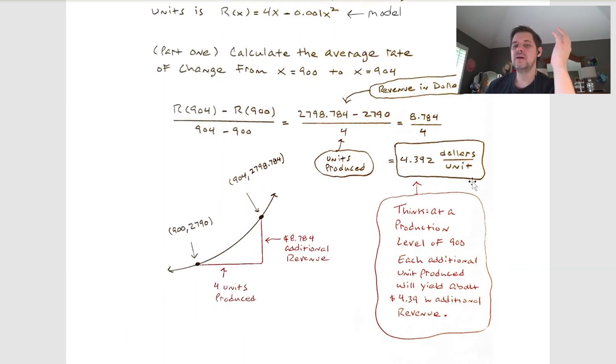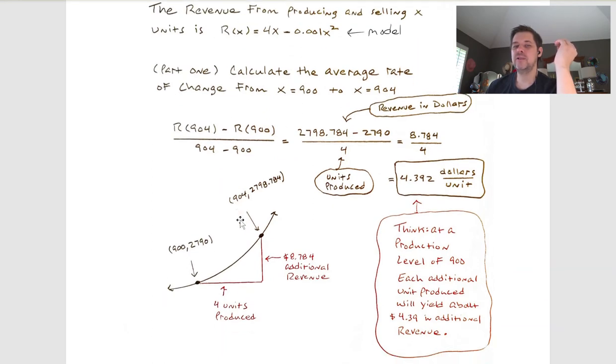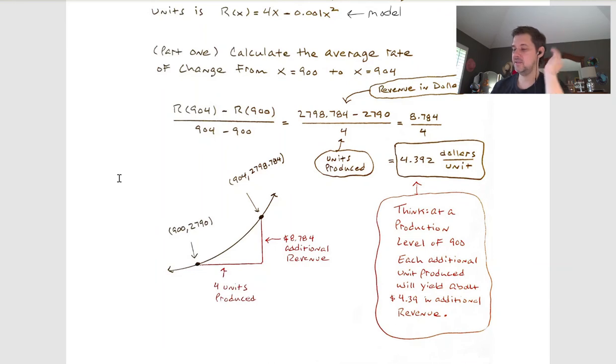Okay? And I want you to understand how this might interact with, say, a curve. If I said this curve right here is this revenue function, R of X. You know, if you could graph it, there's this little piece of the curve, and here's the spot where X is 900, and here's the spot where X is 904. Okay? Now, first of all, this top number measures the difference in revenue between these 2 points.